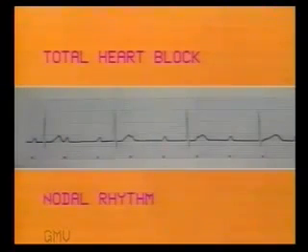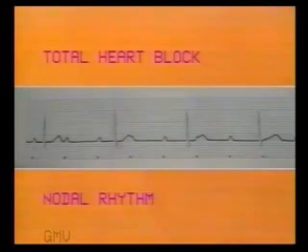In contrast, here is another ECG with third degree heart block. The P waves occurring regularly at a rate of about 100 per minute and QRS complexes occurring at a rate of about 47 per minute. Also the QRS structure is normal. This is a nodal rhythm. AV node beats at rates of 40 to 60 per minute.